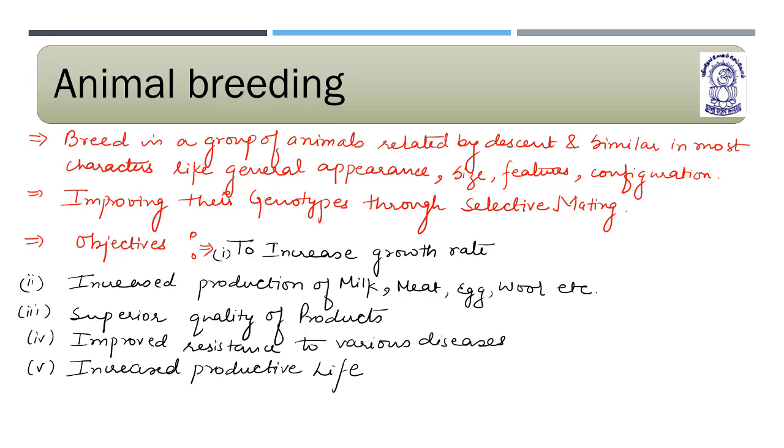Increase or at least acceptable reproduction rate. These all are the objectives: to increase the growth rate, to increase the production of the dairy products, the poultry products, and the other products as well. The superior quality of products, improved resistance to various diseases and different abiotic factors, increase productive life, and increase reproduction rate.